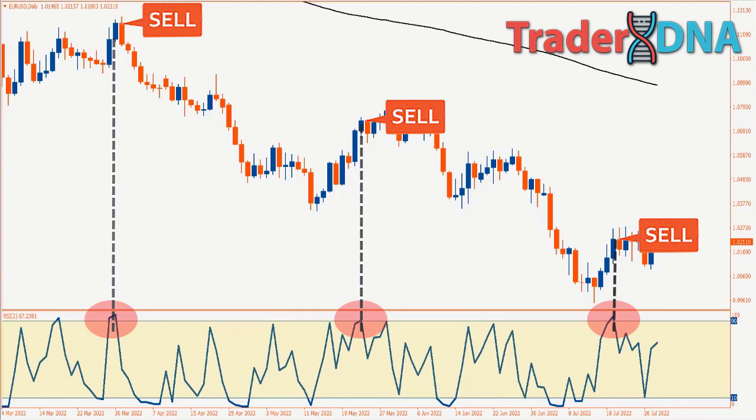Of course, in different trading environments the trading system will perform differently.